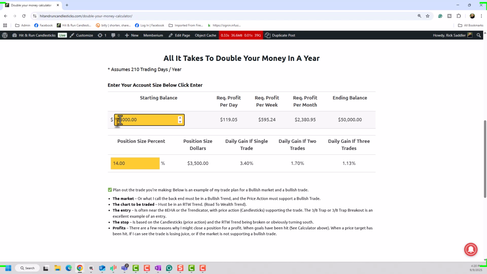Let's change this to 85. There we go. $8,500. Now how much money were we risking at 14%? $1,190. Single gain or a single trade, you'd have to be up 3.4%.